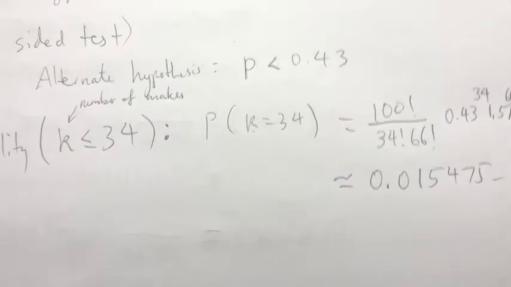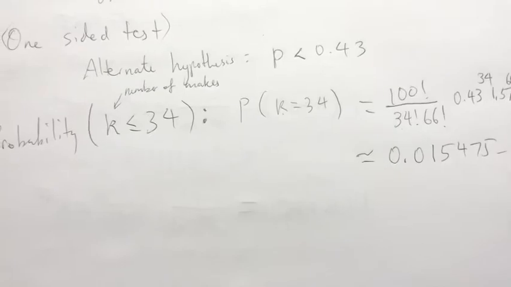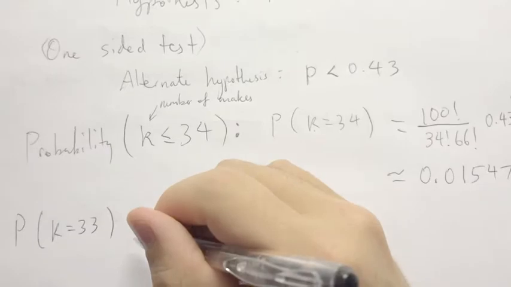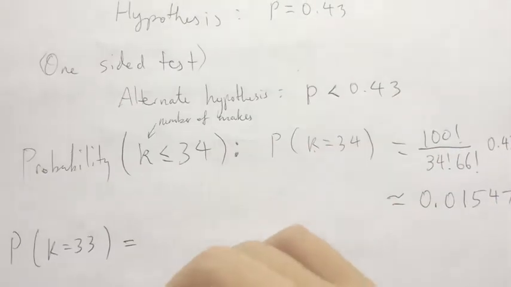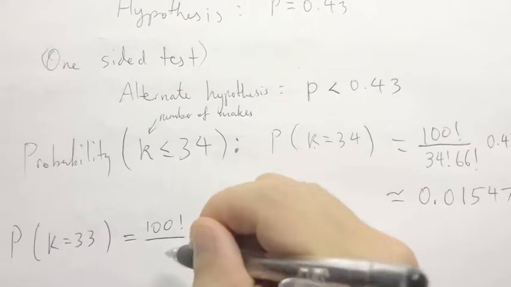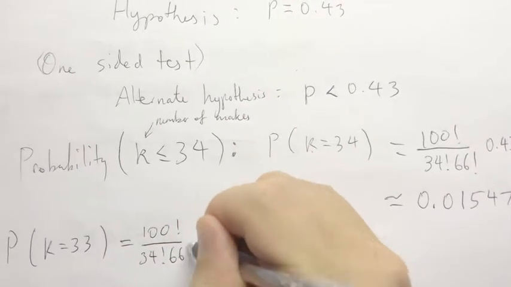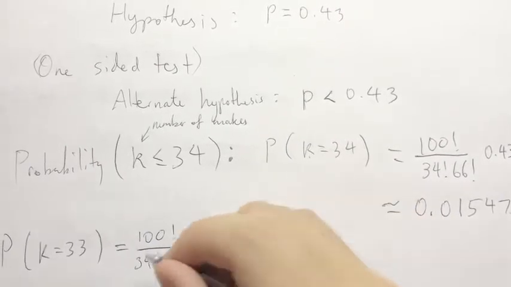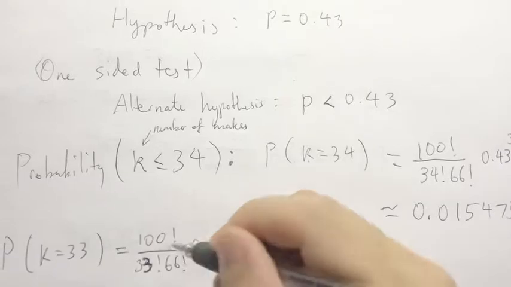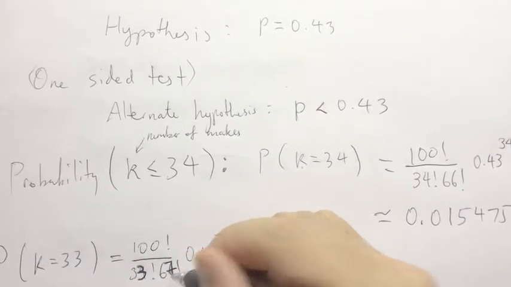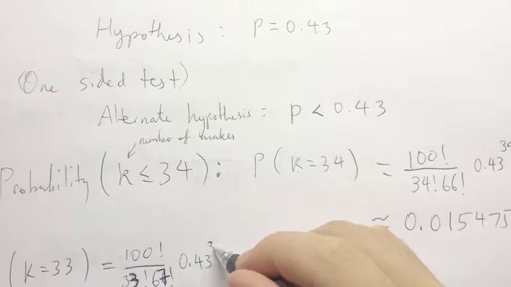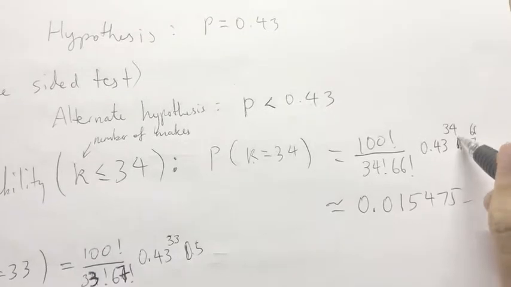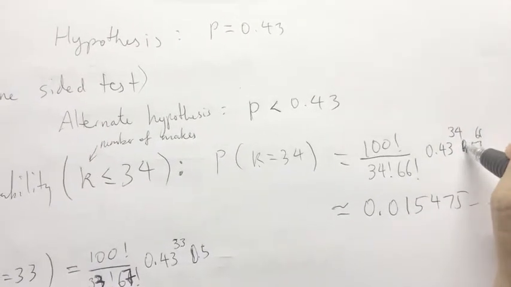Okay, so maybe we can do some more until we get to something that is small enough that we can just not worry about the rest. So maybe P of K equals 33. I'm going to stop writing out the formula after this one. This should be 67, 33. So this should be 0.57.